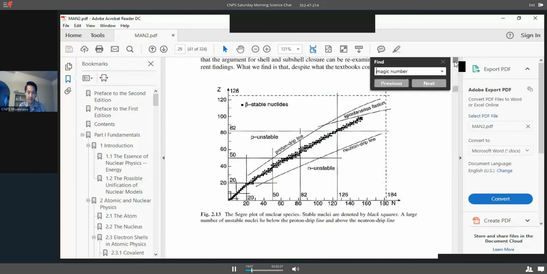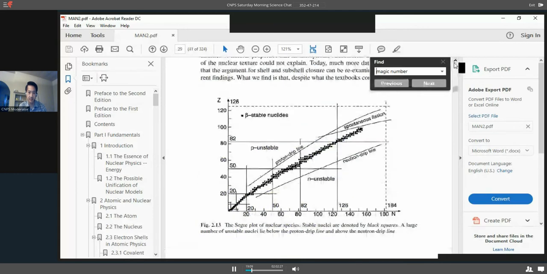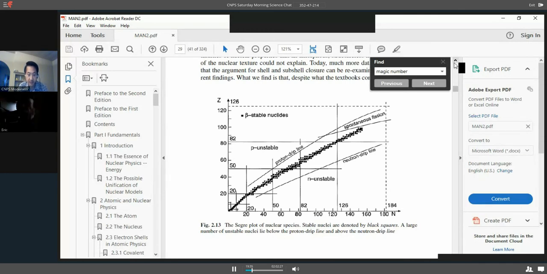I did search, but there was no place where that term would be explained. Oh, so here's a classic plot. There is a table that shows the available data and missing data. Well, the magic numbers have to do with basically nuclear stability.